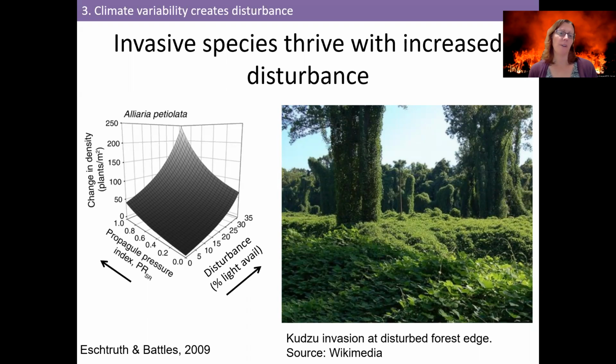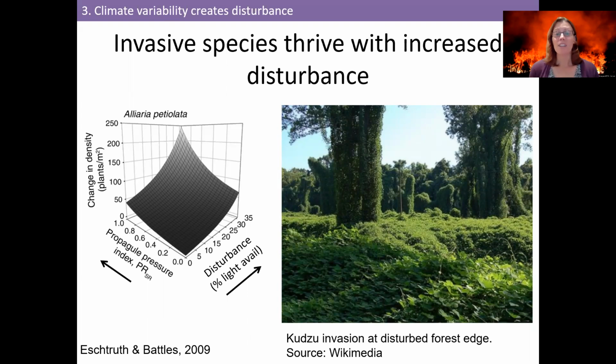The same thing is true if you add propagule pressure, so you add more seeds to an area, you end up with more plants. But if you do both of those things, you have a disturbance event and you make the propagules available, then you see this big spike in the density of garlic mustard.